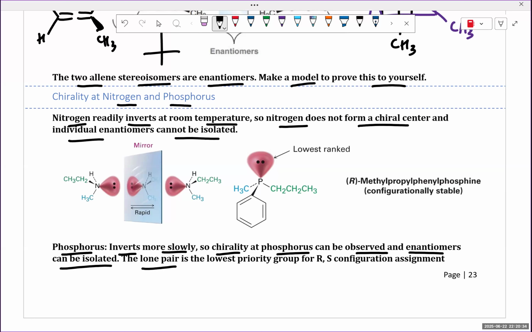The lone pair is the lowest priority group for RS configuration assignment. So nitrogen inverts readily, phosphorus inverts slowly. So phosphorus, this phosphorus atom, represents a chiral center that is stable, and you can isolate specific diastereoisomers and enantiomers of phosphorus containing compounds with phosphorus chiral centers.